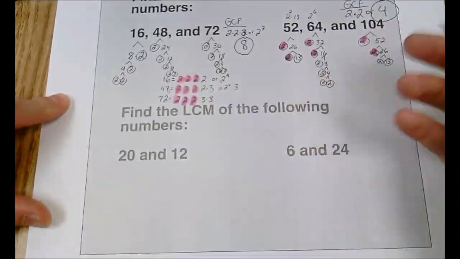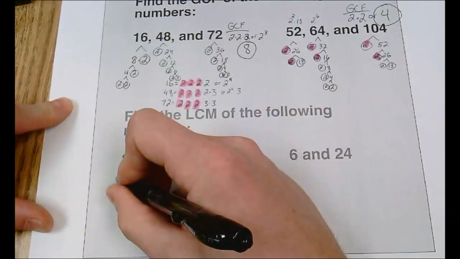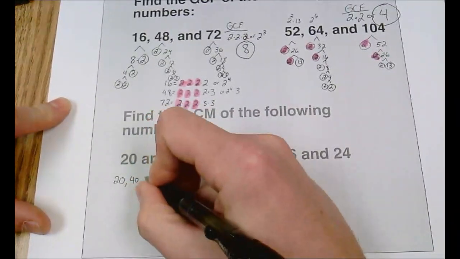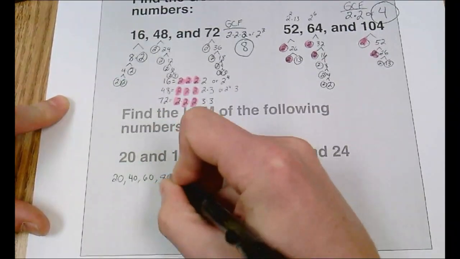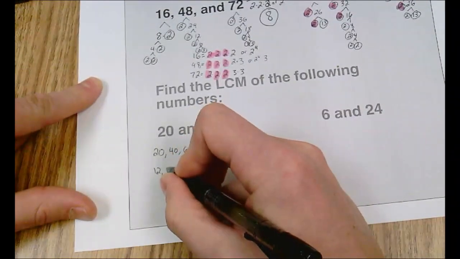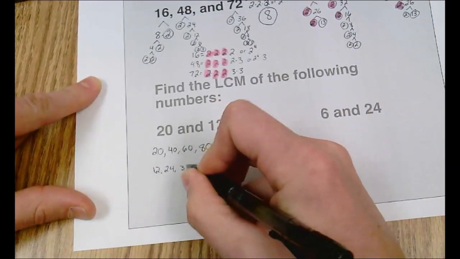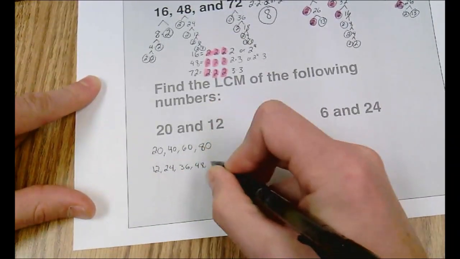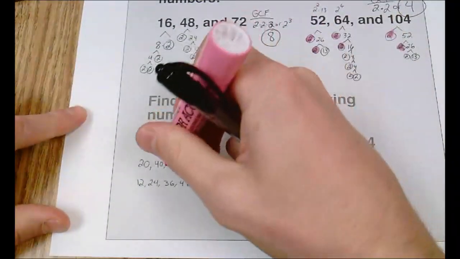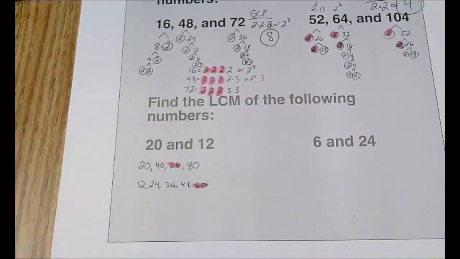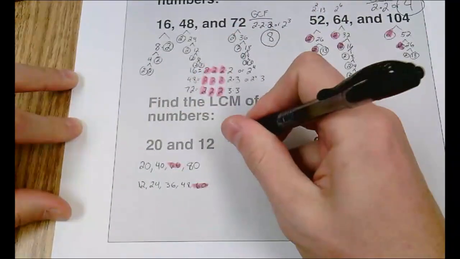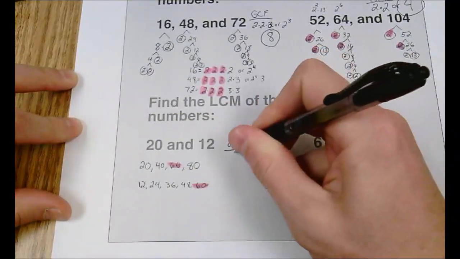Understanding that multiplication is repeated addition, what I'm really doing is skip counting. 20, 40, 60, 80, and I keep checking with 12, 12, 24, 36, 48, 60, until I see what they have in common. And we see 60. Our least common multiple for 20 and 12 would be 60.